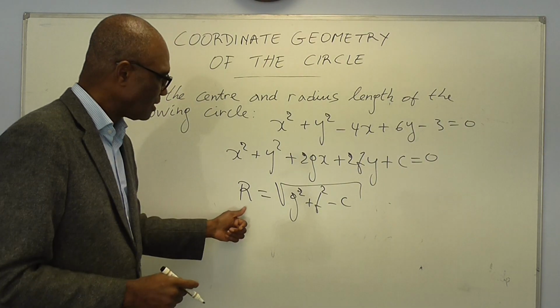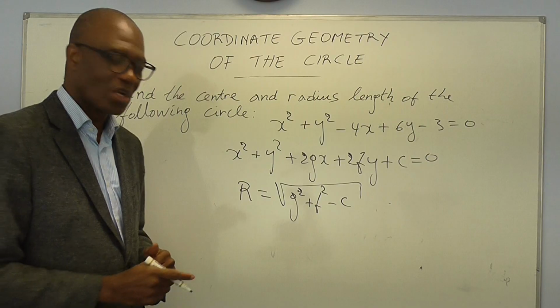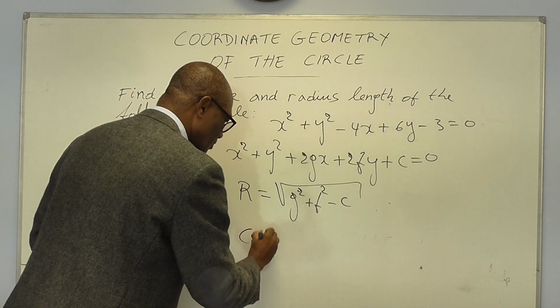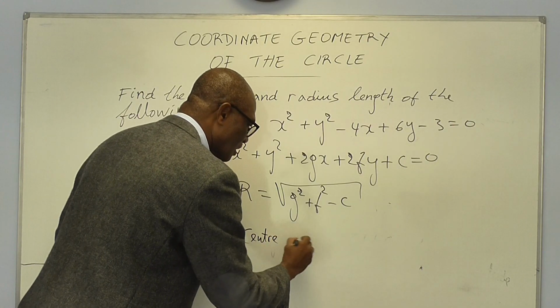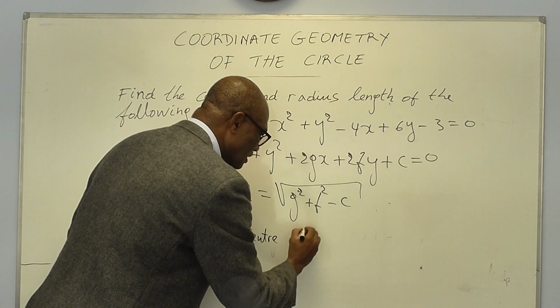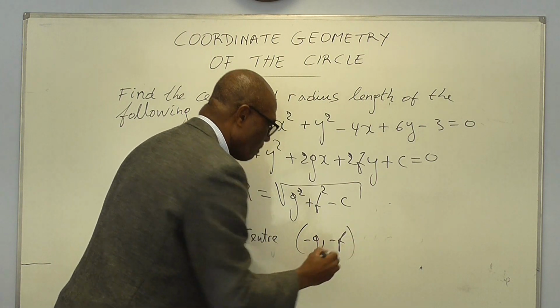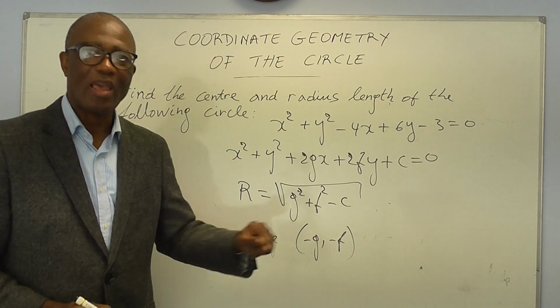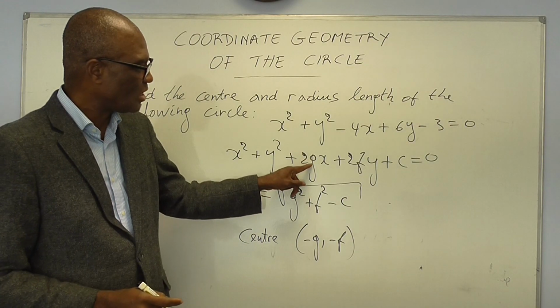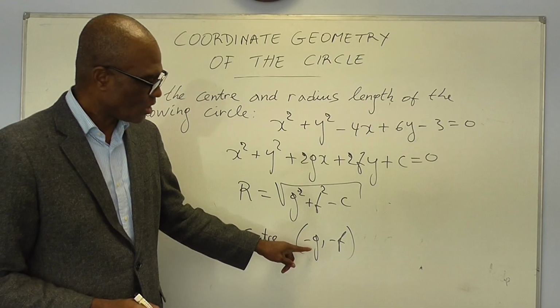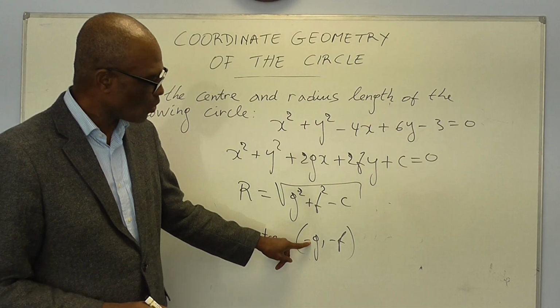And the center of the circle can be written in this form here: minus g, minus f. So to write the coordinate of the center, we put minus.